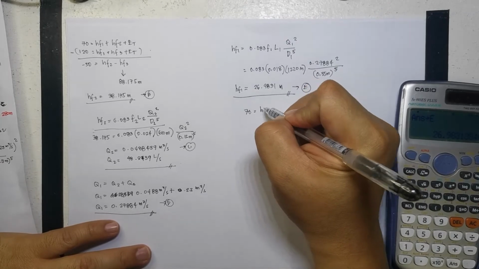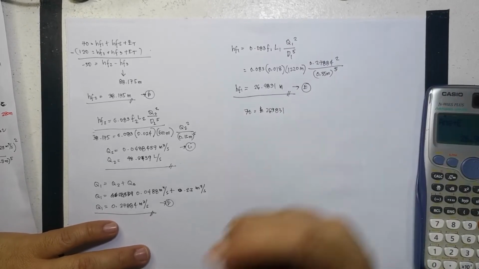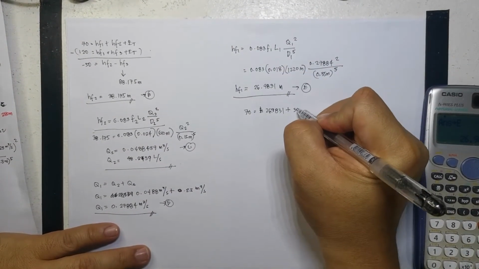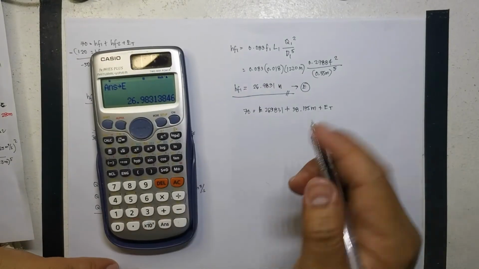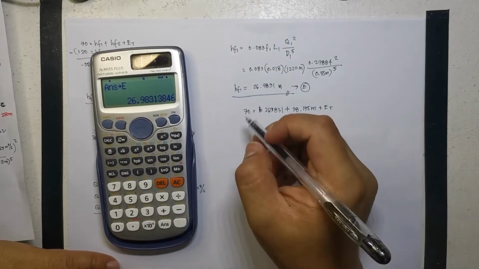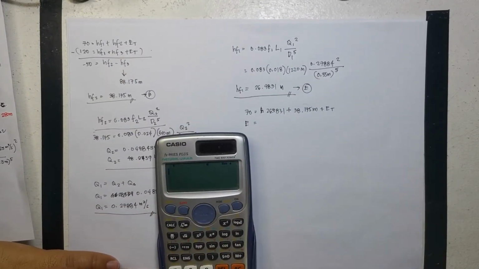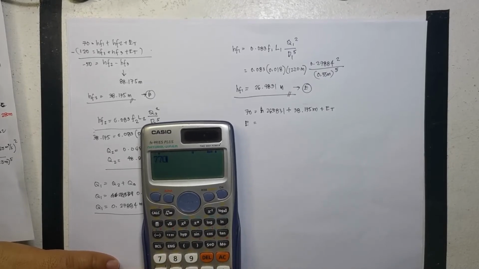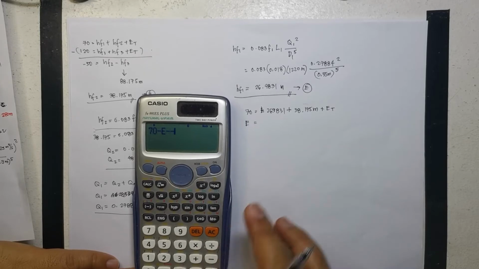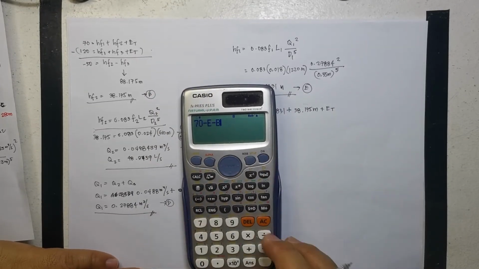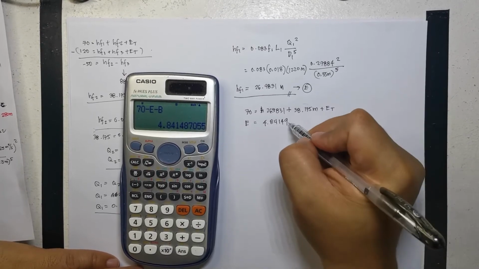70 is HF1, which is 26.9831, plus HF2, which is 38.175 meters, then ET. So what remains is 70 minus 26, which is letter E, alpha E, minus 38.175, which is letter B. So what remains for us is 4.84149 meters.